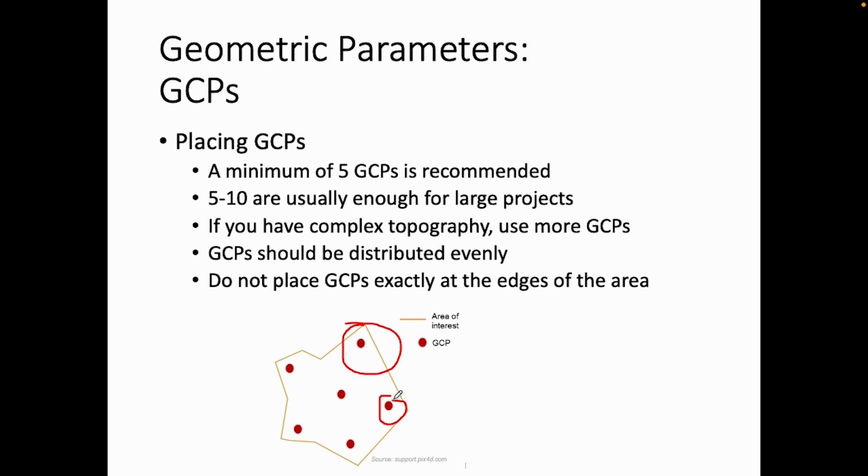And then the software is going to use those photos. It's going to need several photos, at least 3 or 4 photos for each GCP in order to really be able to process the imagery using that GCP location. So if your GCP only shows up in 1 or 2 photographs or just a few photographs, it's not going to be particularly useful.